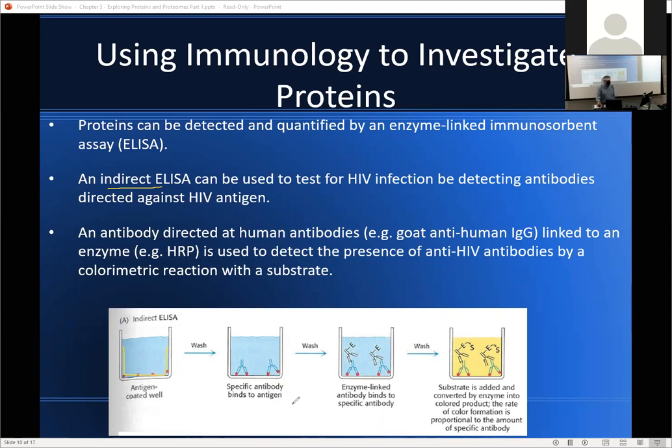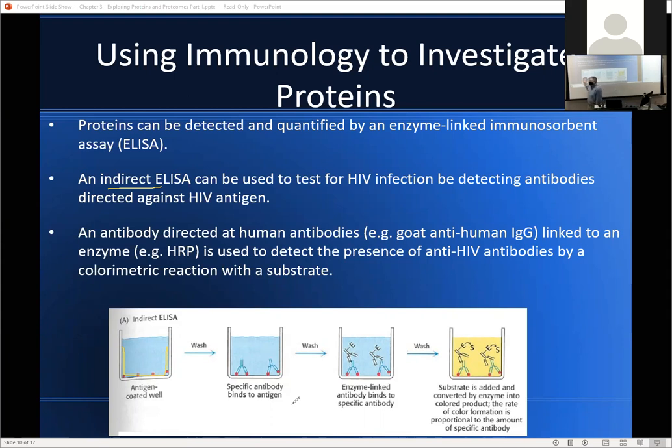our human serum. So let's say, for example, that we're trying to detect antibodies directed against HIV. Okay, so we can tell with an ELISA like this if somebody has been exposed to HIV and their body has produced antibodies against it.